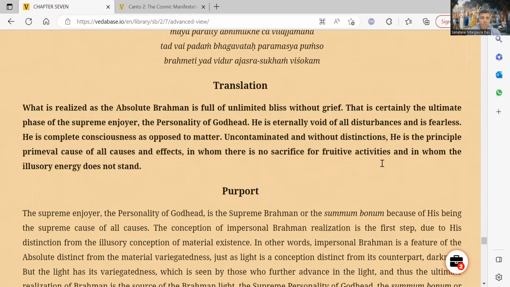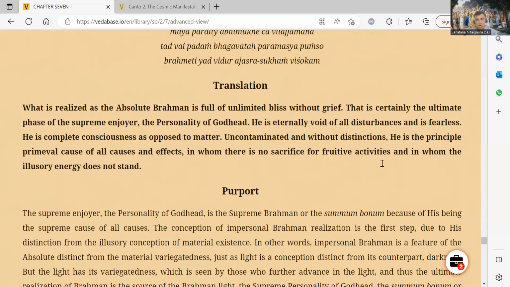He is complete consciousness as opposed to matter, uncontaminated and without distinction. He is the principal, primeval Lord of all causes and effects, in whom there is no sacrifice for fruitive activities, and in whom the illusory energy does not stand. Just the glory of the absolute supreme Brahman, who is the personality of Godhead.